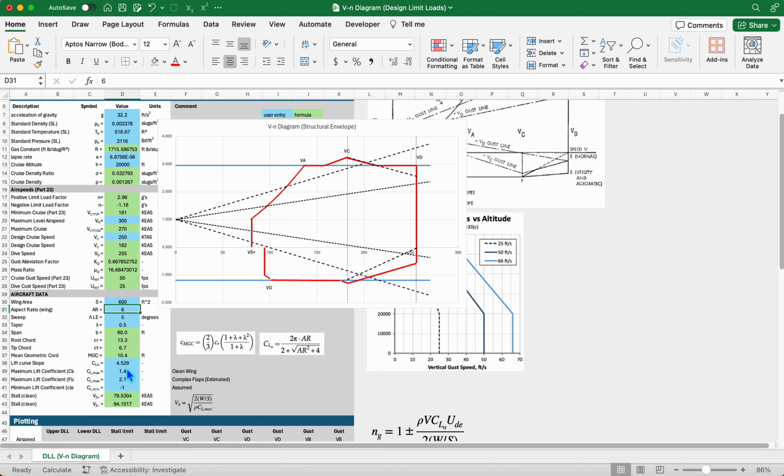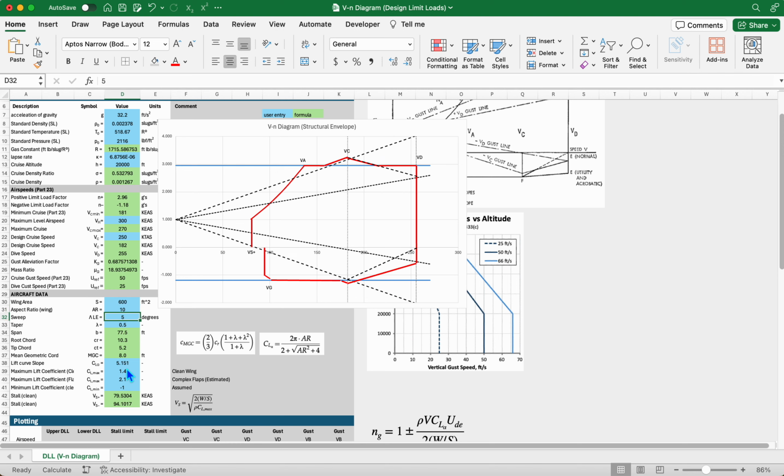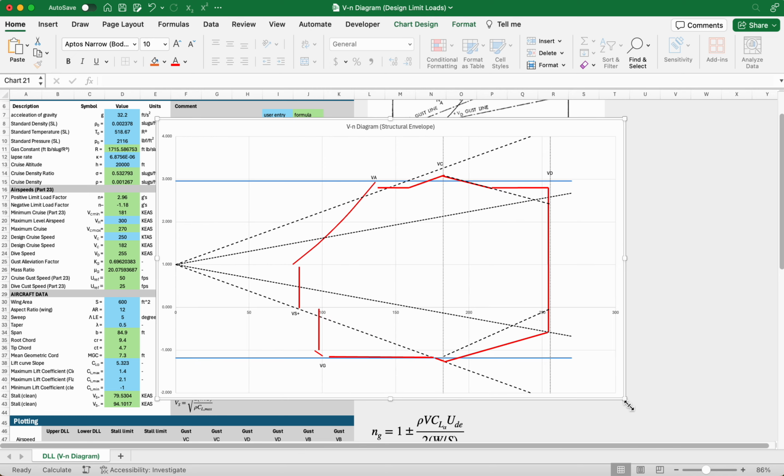In this case, because we're just changing aspect ratio, it doesn't affect our stall limit lines. So just interesting to look at how different parameters affect your structural envelope. So play around with that, and now you have everything you need to actually create your structural envelope diagram, and you should have something that looks kind of like this depending on your aircraft.